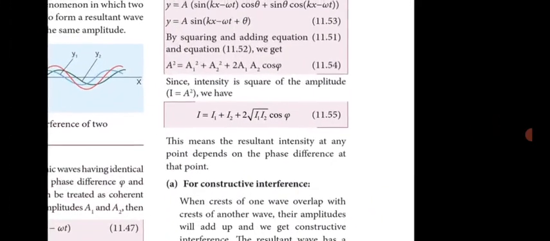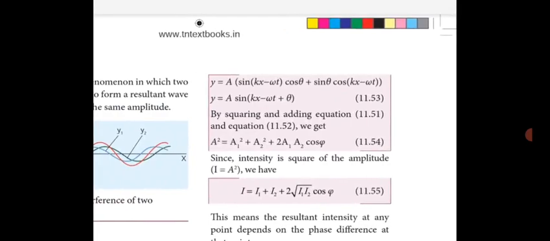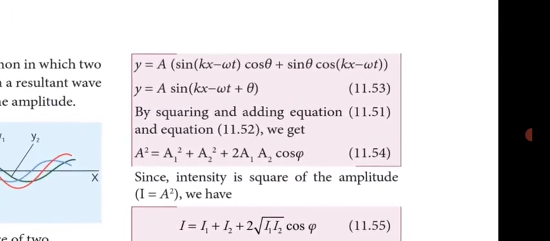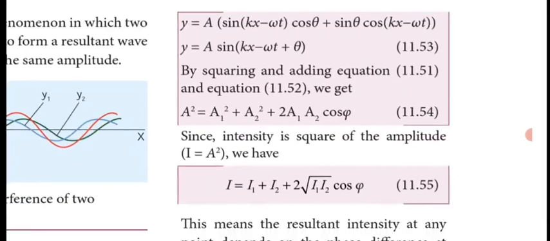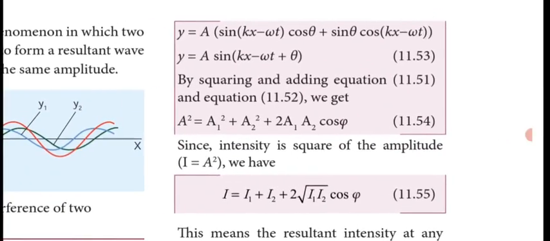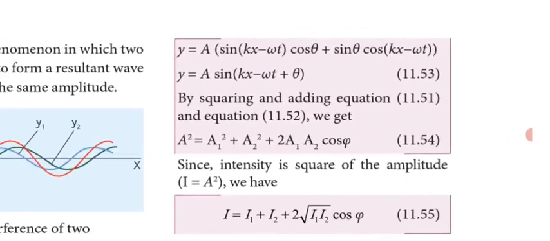So the next step: y is equal to A sin(kx minus omega t) cos theta plus sin theta cos(kx minus omega t). That becomes y is equal to A sin(kx minus omega t plus theta). By squaring and adding the equations, we get A squared is equal to A1 squared plus A2 squared plus 2 A1 A2 cos phi.